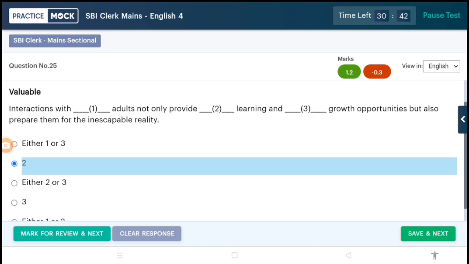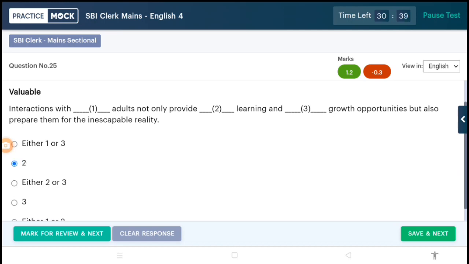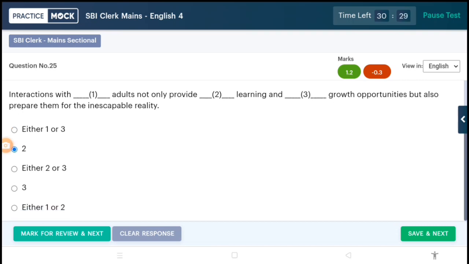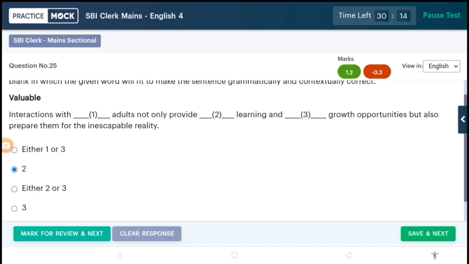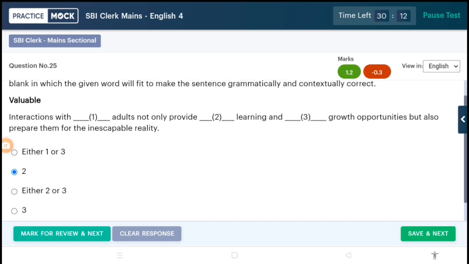I think option 2: interactions with not only private, not only provide insurance.